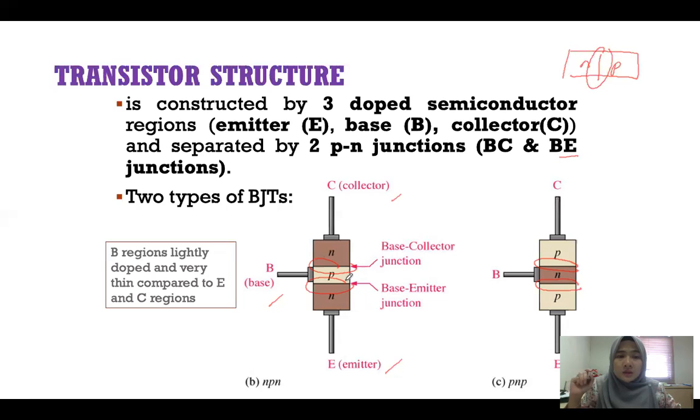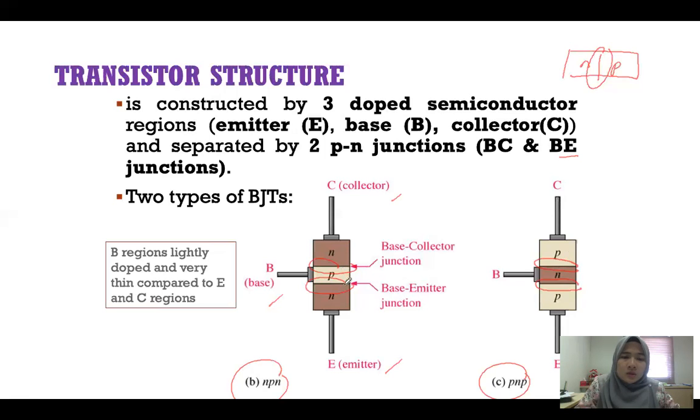For a BJT transistor, we have two types. The first one is the NPN transistor. This one is the PNP transistor. The difference is here: for the NPN you have the N region, P region, N region, and for the PNP, P region, N region, and P region.